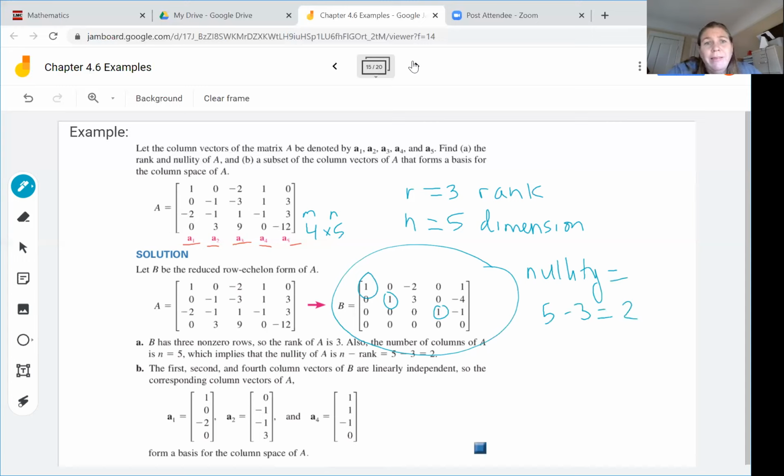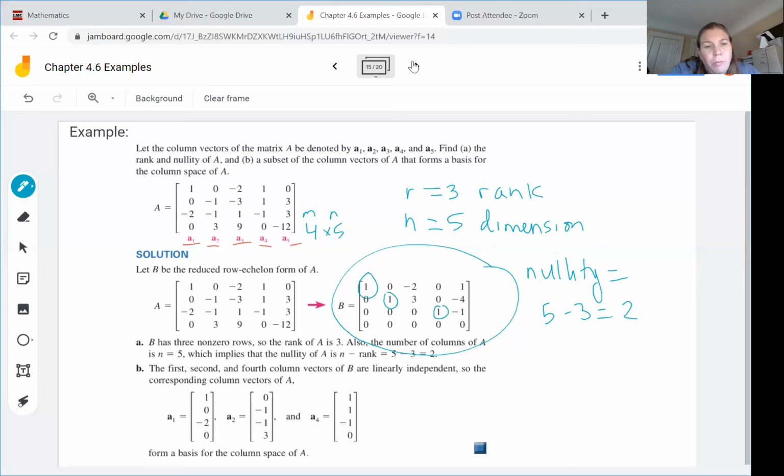All right, so the next thing to do is to find the subset of the column vectors of A that form the basis. So we know from the row echelon form that the first, second, and fourth columns of B are linearly independent. Those are our columns with the pivots in them.